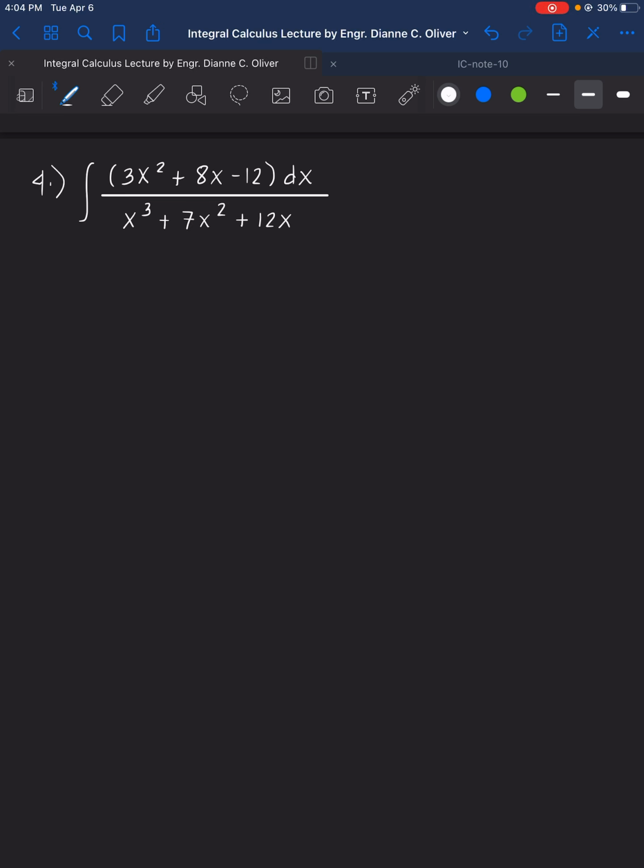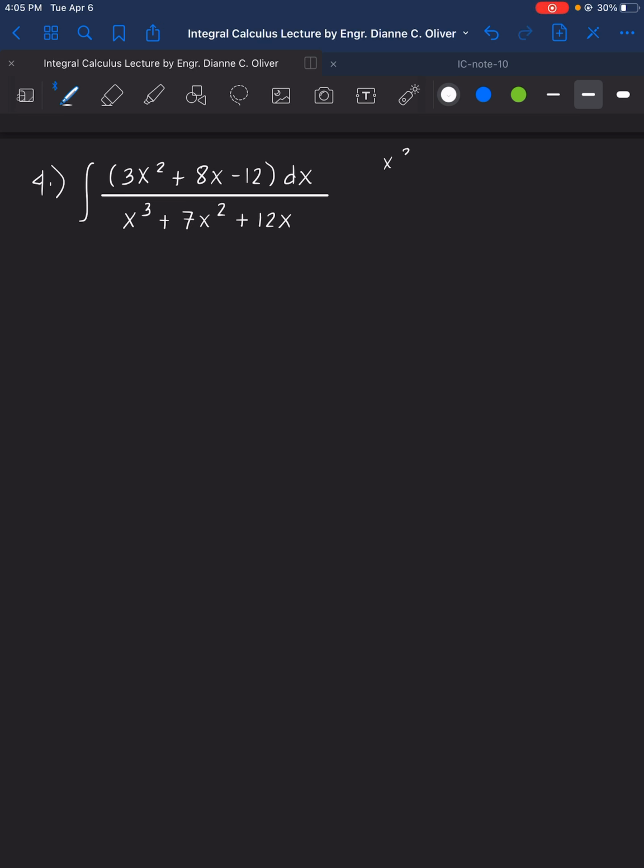The reason why it looks difficult is the many terms in the numerator and the power 3. Now, as long as you know how to factor out and have the knowledge of how to solve for this topic, then we're good to go.